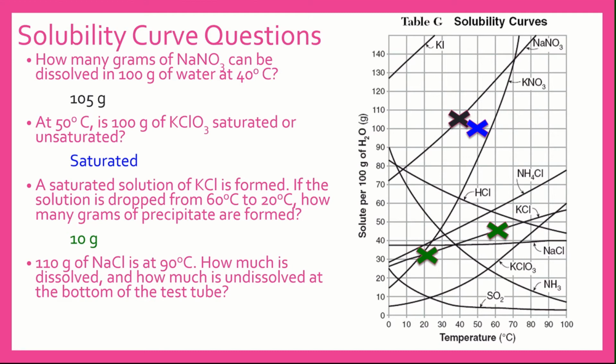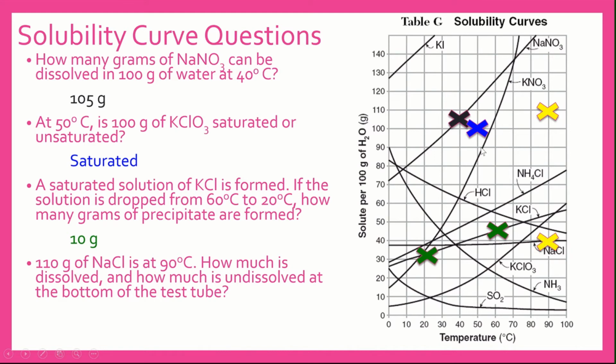110 grams of sodium chloride is at 90 degrees Celsius. How much is dissolved and how much is undissolved at the bottom of the test tube? Here's 90 degrees, sodium chloride, we follow that up until we hit the line. It looks like at 90 degrees we can dissolve about 40 grams of the material.